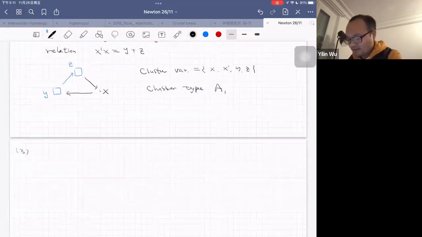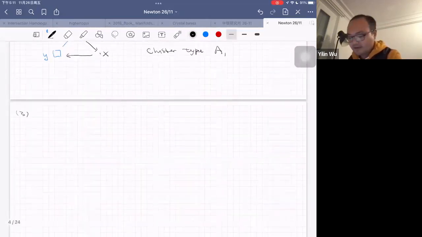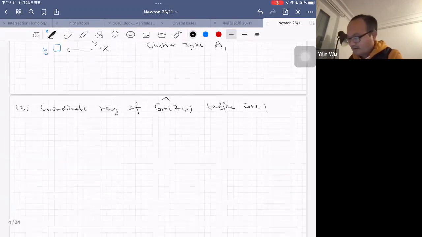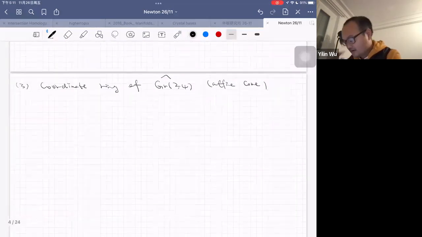More interesting examples come from Grassmannians. Consider the coordinate ring of Grassmannians. Here is the affine cone. In this simple case Gr(2,4), we have the following quiver.